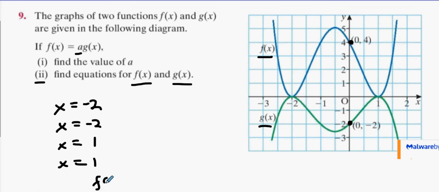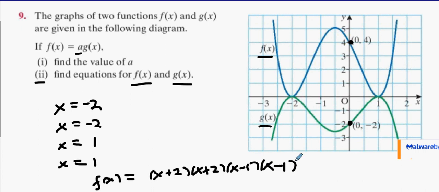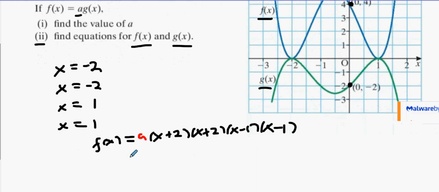So, f of x therefore is going to equal x plus 2, x plus 2, x minus 1 and x minus 1, and don't forget about my a value. You could do that as well.